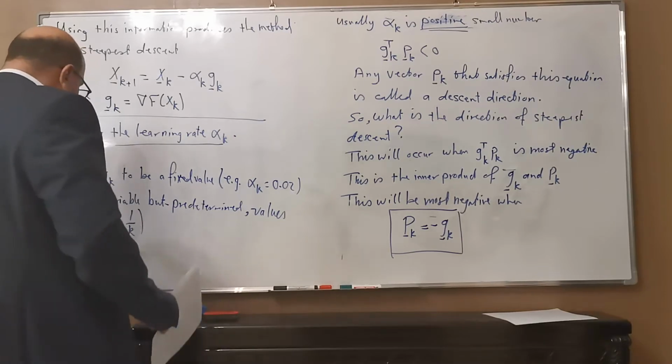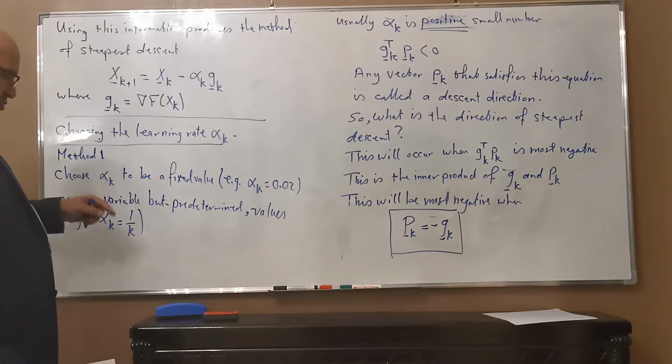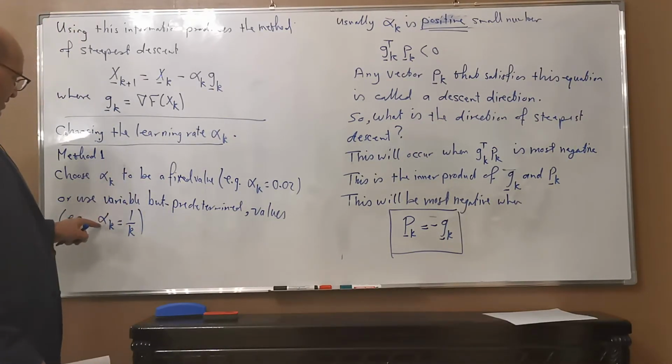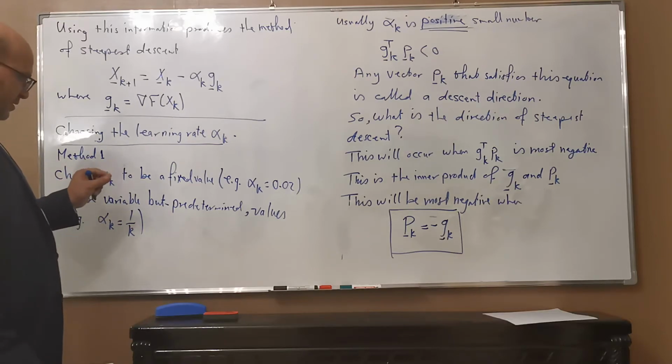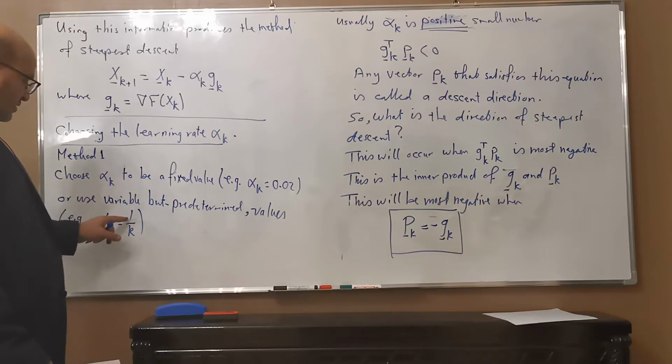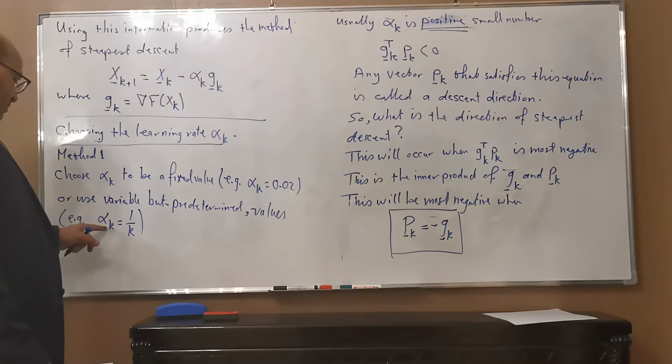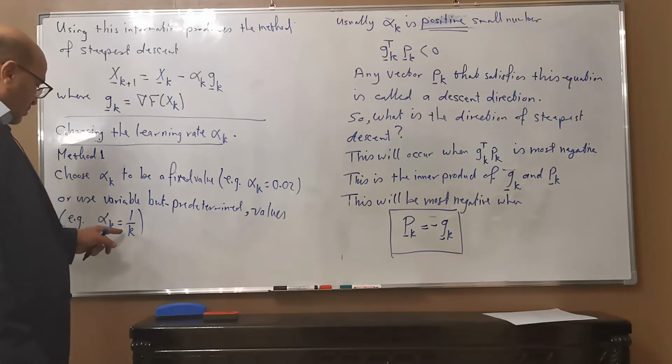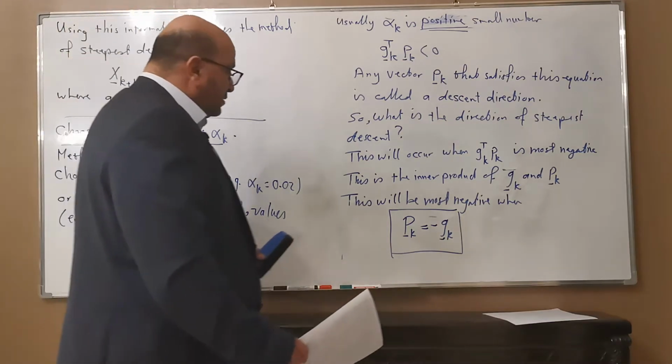So it will reduce alpha k as you go further in iteration. The step size will be smaller and smaller. With large iterations, if you go beyond 100, then you have 0.01. If k equals 1000, then the step size is 10 to the minus 3.